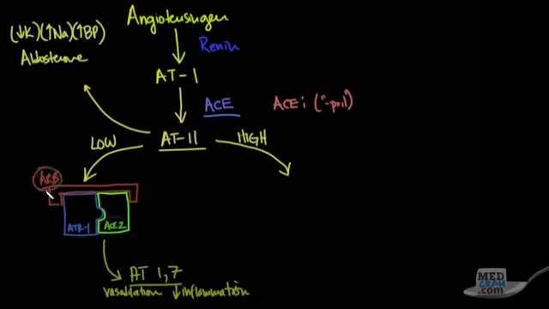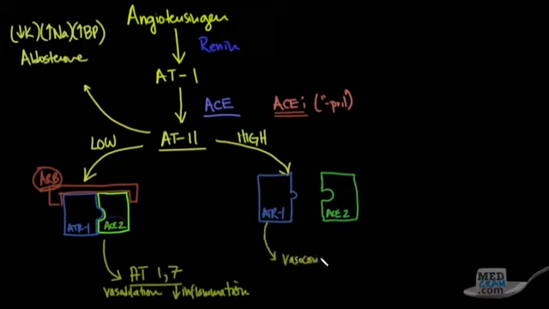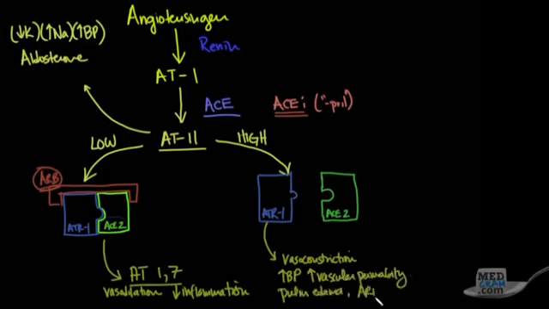So we've talked about angiotensin receptor blockers, and we've talked about ACE inhibitors. If you have high angiotensin 2, this is the situation that you get. You still have ACE2, but the high levels of angiotensin 2 cause the angiotensin receptor to come off of ACE2. And when that happens, when angiotensin 2 interacts with angiotensin receptor 1, the result is vasoconstriction, increased blood pressure, increased vascular permeability, pulmonary edema, and presumably ARDS.